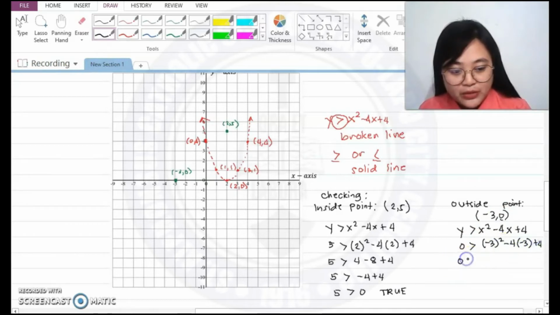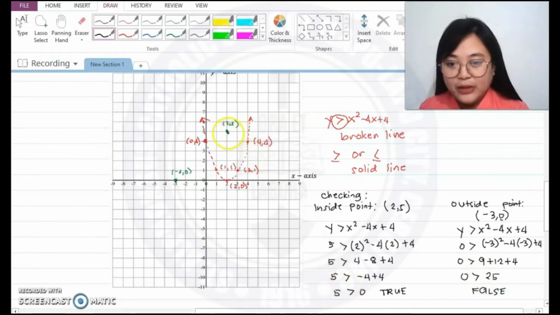So 0 greater than negative 3 squared, that is 9. Negative 4 times negative 3, that's positive 12, plus 4. 0 greater than 9 plus 12, that is 21 plus 4, that is 25, which is false. So therefore, our true value is on the inside of the parabola.